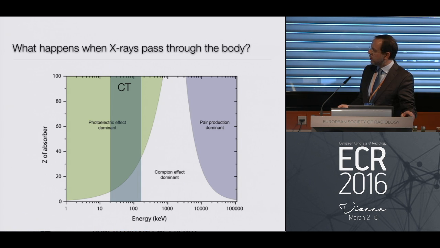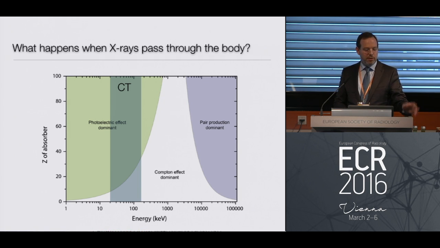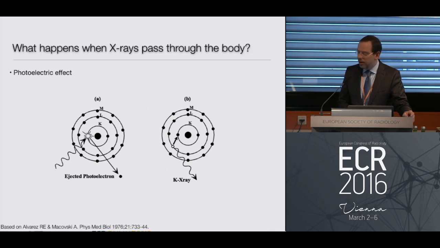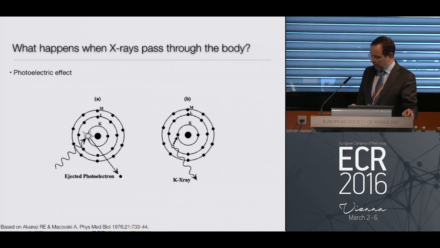The Compton effect is relatively independent of energy in the CT range. However, if we look at these two, we can see that they vary as a function of the used energy. This is the basis of dual energy or spectral CT imaging. We can use this information to say something about what is in the voxel instead of just the density of the voxel. This is an illustration of the photoelectric effect.